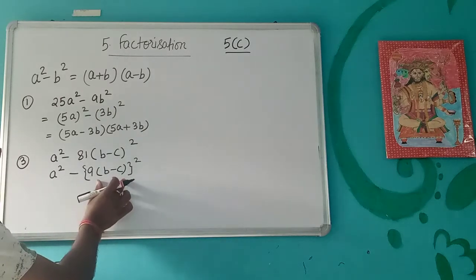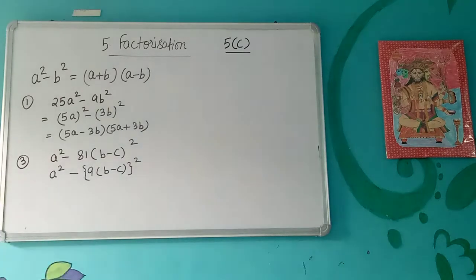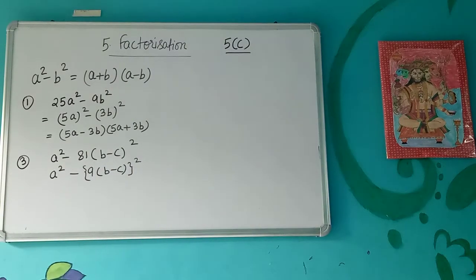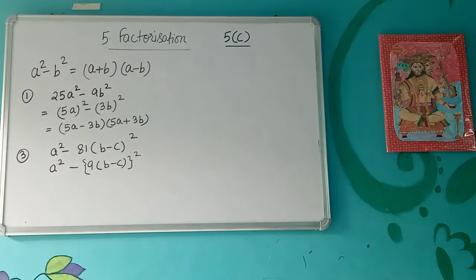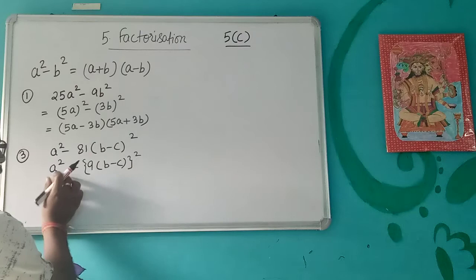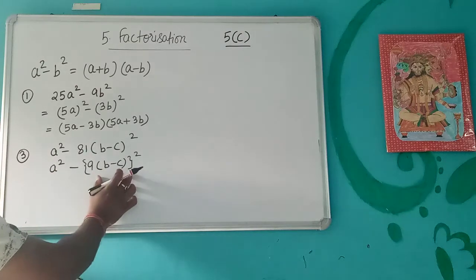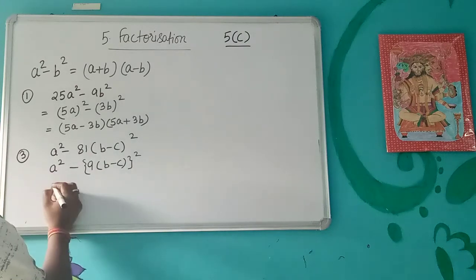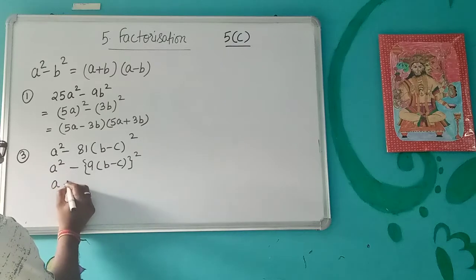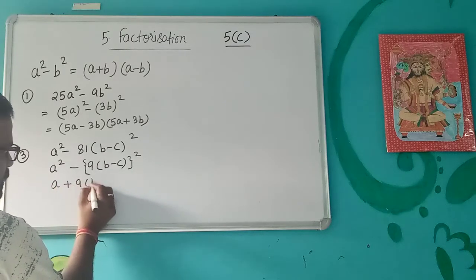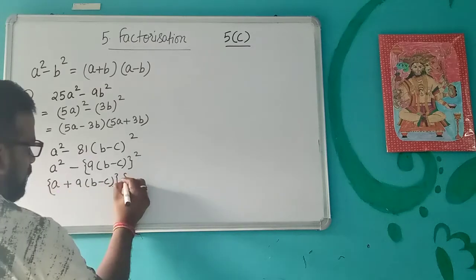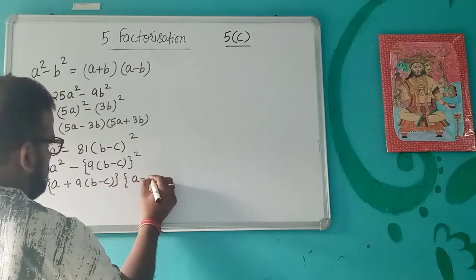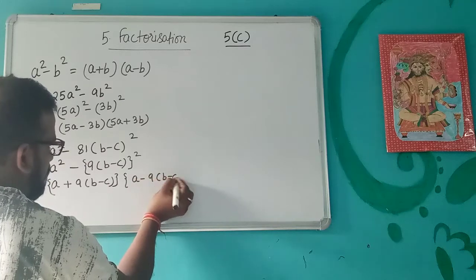This b over here is 9 into b minus c. So how we can write? We can write it like this: a plus 9 into b minus c, and here we can write a minus 9 into b minus c.